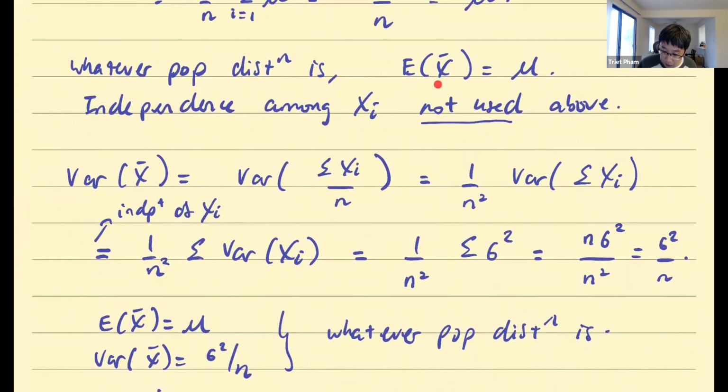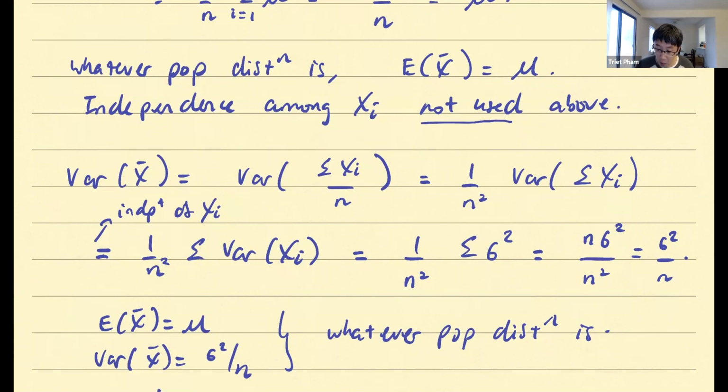So what it means goes back to what we mean by saying X bar is a random variable. X bar, for one single sample, is not a random variable. It's just a number because you already have a realized sample. X bar as a random variable means that for every different sample, meaning you keep repeating the experiment, you will get a different value of X bar.